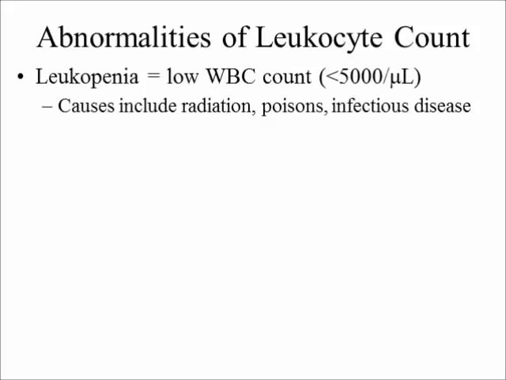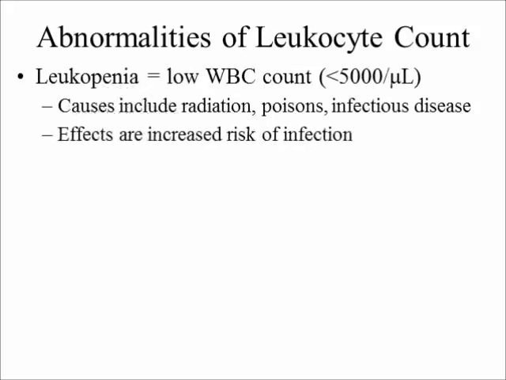Causes would be radiation poisoning, infectious disease, or flat-out infection, some sort of poison. And the effects, if you have this, you are going to be at an increased risk of infections. So really remember, white blood cells are disease fighters, so anytime you have a low count of those, you are going to be prone to infections.